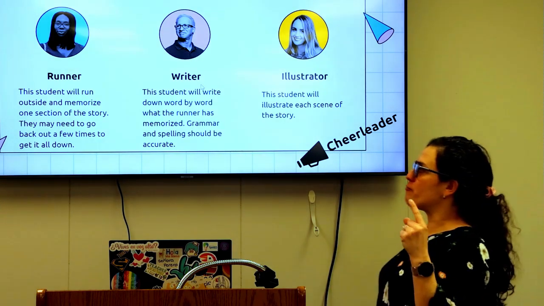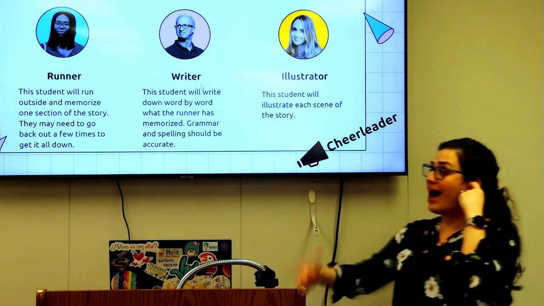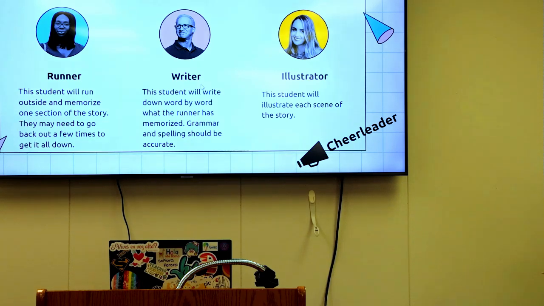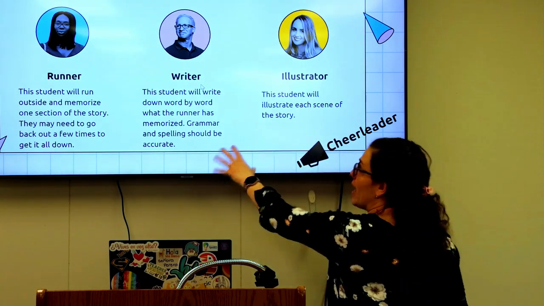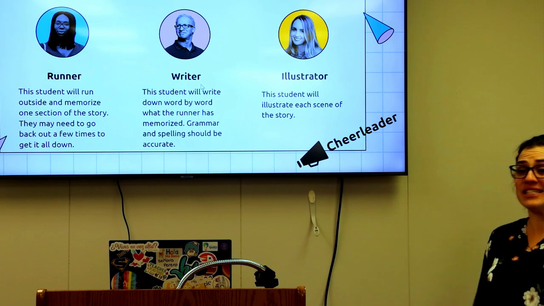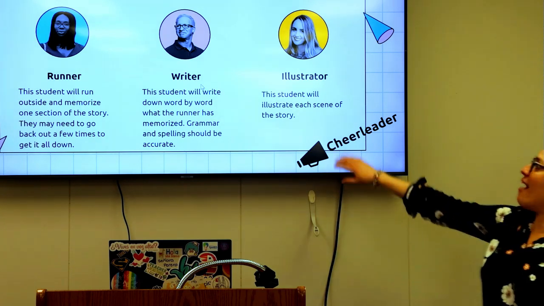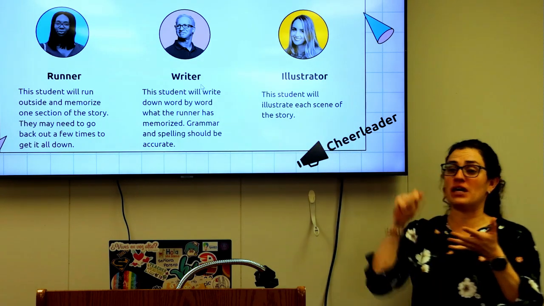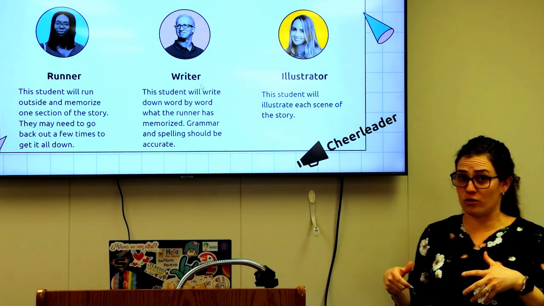The runner is a student that will run outside. They will memorize one section of the story. They may need to go out more than once. Then there is the writer. This student will write down what the runner comes in and tells them that they memorized. And then the illustrator is going to be drawing pictures to illustrate the story.